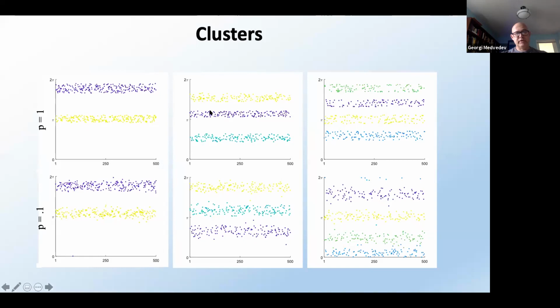In the top row, you see clusters generated in the model with all-to-all coupling, so the graph is complete. You can see a 2 cluster solution, 3, 4, and in our experiments, we saw patterns with more clusters. The experiments in the bottom row show the same for the model on Erdős-Rényi graphs.